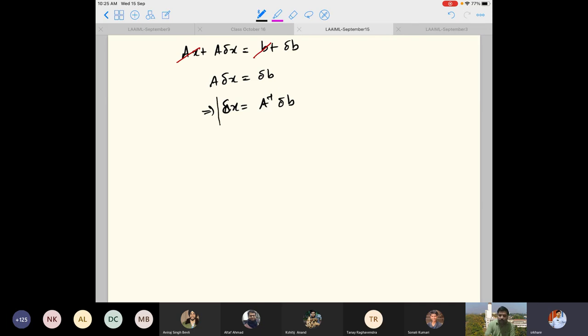Now, if you see this equation, can you tell me what are the delta B's which might be troublesome and what are the delta B's that might not be troublesome? From this equation, again, Kshitij or anybody, you look at this equation and then tell me what is really delta B doing.